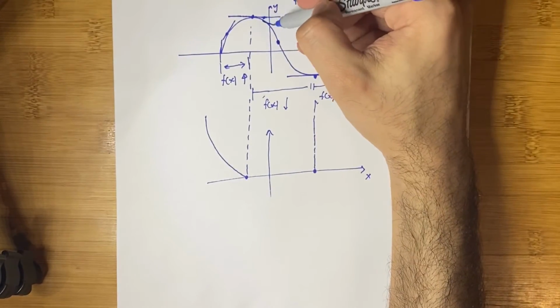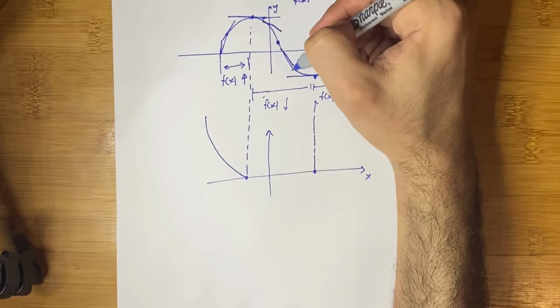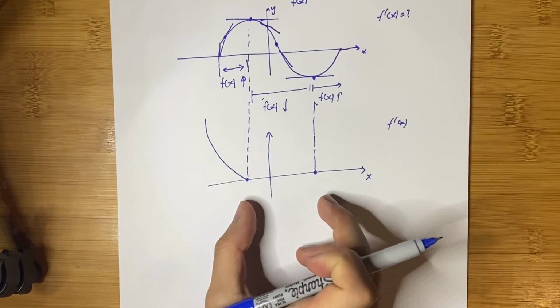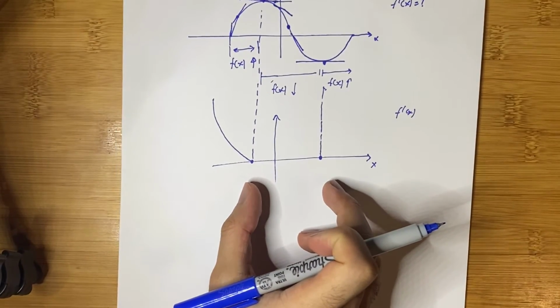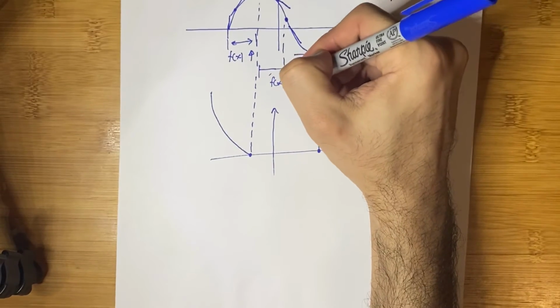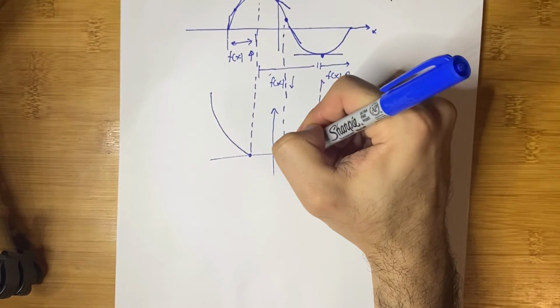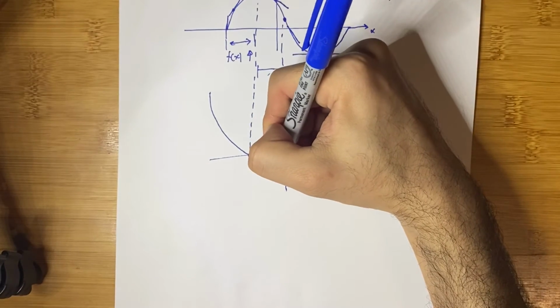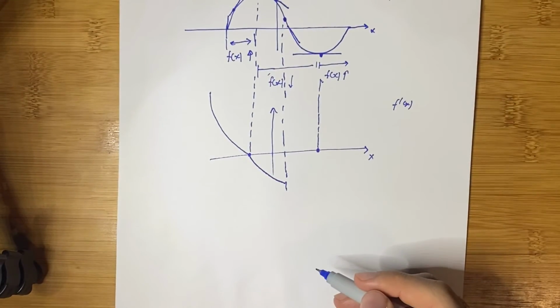The slope here is negative. Okay? So it will be under the x-axis. And at this point, we said it's going to be the steepest. So this will be something like that.